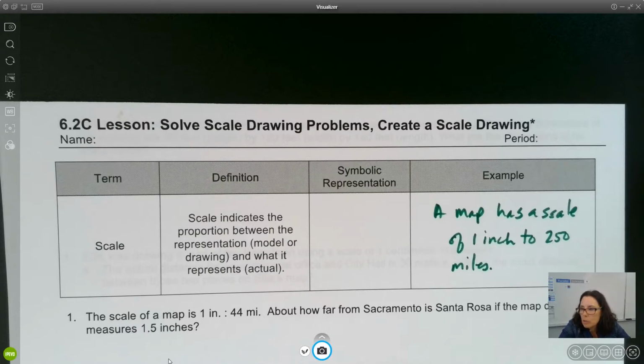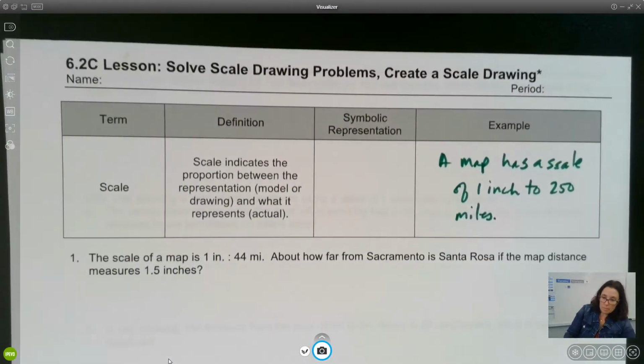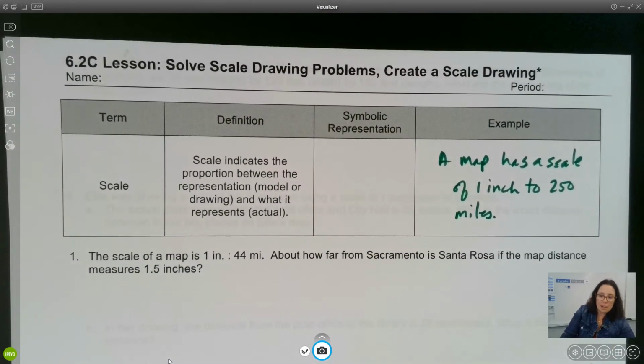Some of you have a GPS system in the car on your phone. And obviously the scaled down version of that GPS system or the paper map is not actually what the distance is. So there is a scale that stays consistent throughout the entire map that you're viewing.